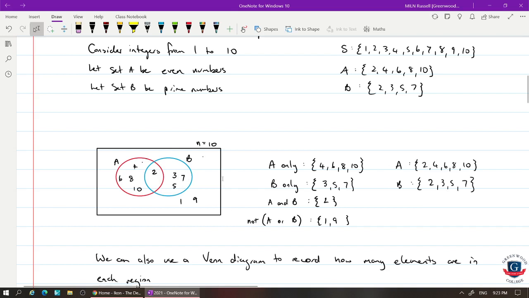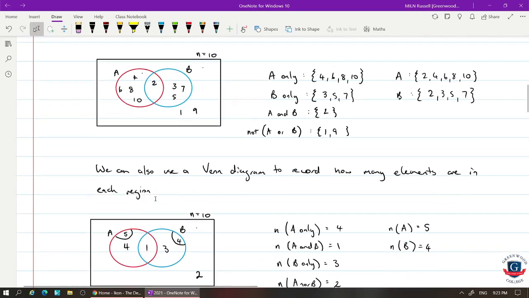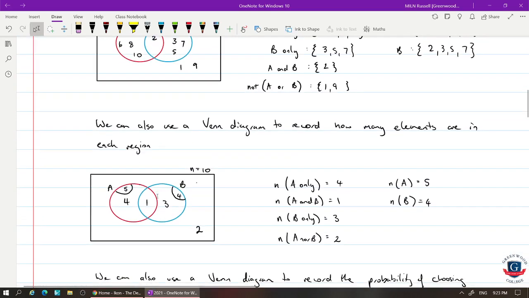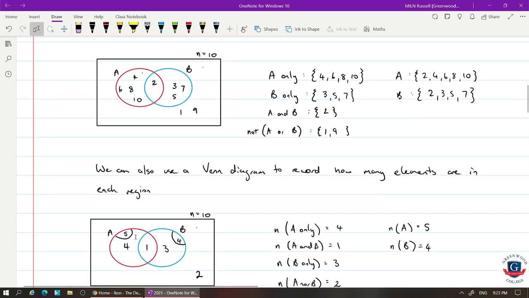Now that's not the only way we can use a Venn diagram. We can also use it to show how many elements are in each region. So, as we can see over here, in the whole red circle, we have 5 elements: 1, 2, 3, 4, 5. In the whole blue circle, for set B, we have 1, 2, 3, 4 elements, which we've got here in the little dog ear.